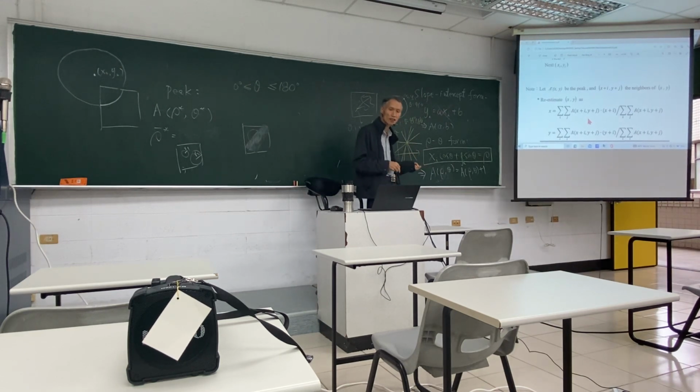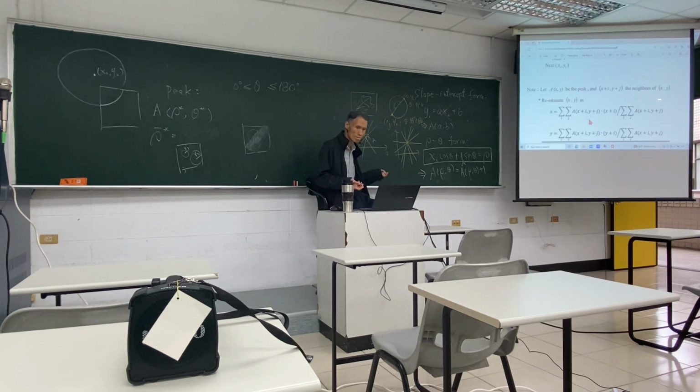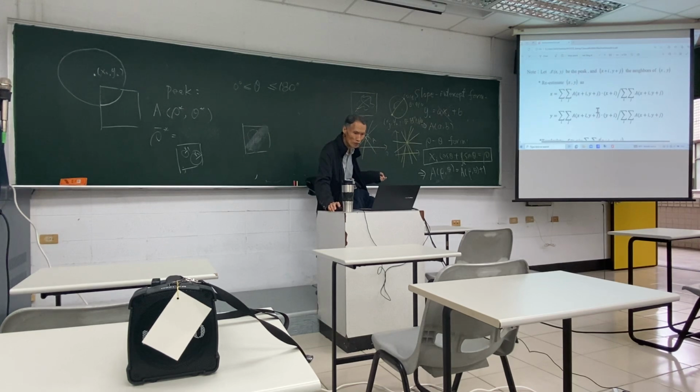Even OpenCV does not provide this. You can write your own code to fine-tune, or as I just mentioned, you can go for the mean square error one more time to fine-tune the estimated parameter.